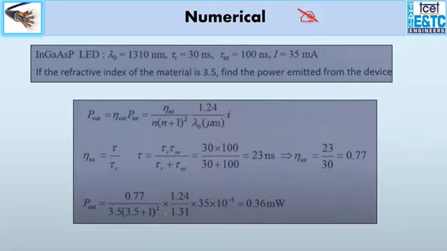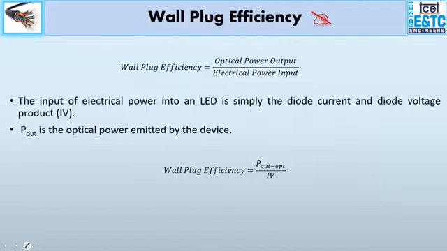Formulas are given, you just need to try it and see whether you will be getting the values or not. Everything is there. Wall plug efficiency, what I was talking about, is the output power divided by the electrical power.